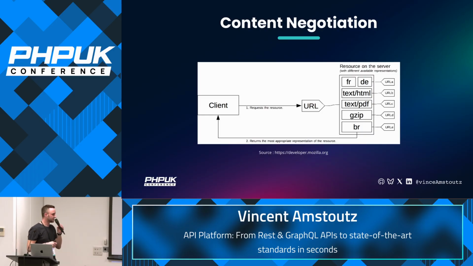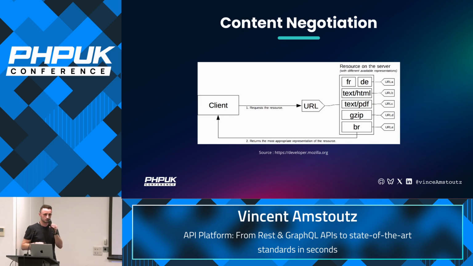If we have an Accept header, the server checks in our API Platform configuration if this requested format is supported and if we can serve this format to the client.